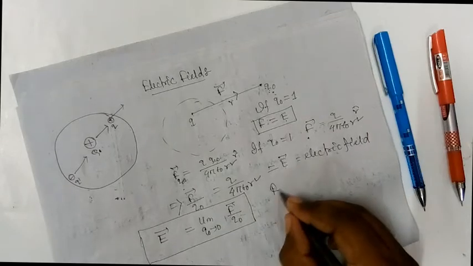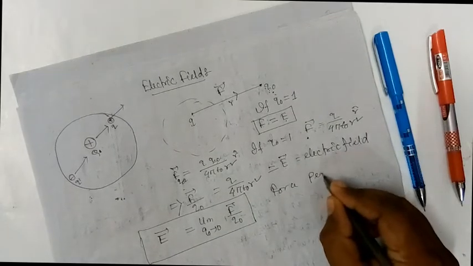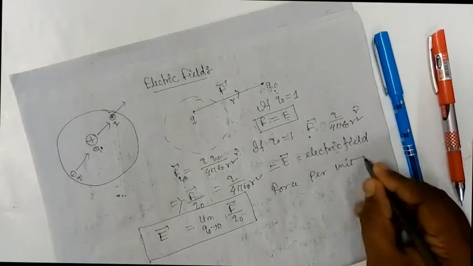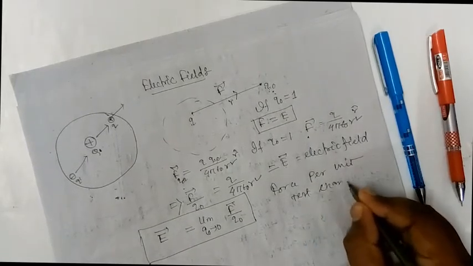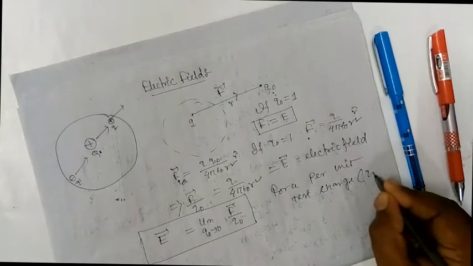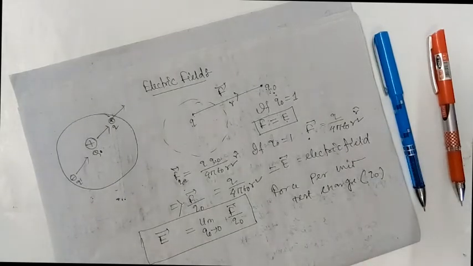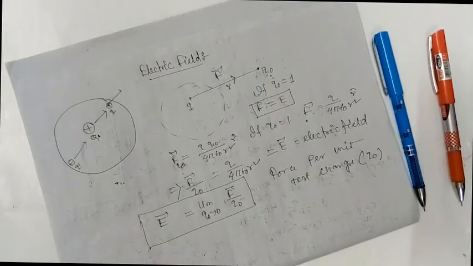So it is force per unit test charge, and here the test charge is Q naught. As force is a vector quantity, electric field is also a vector quantity.